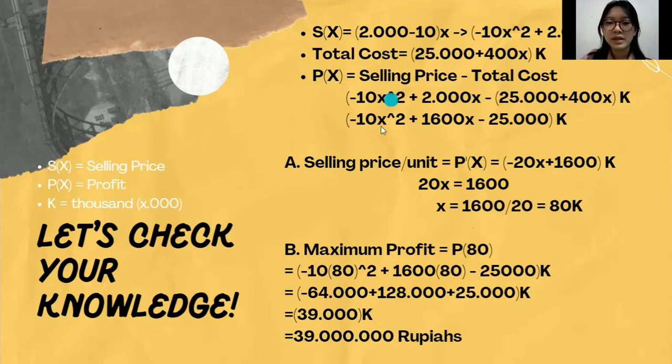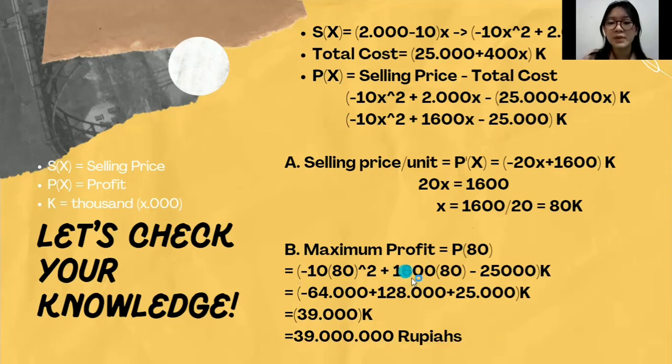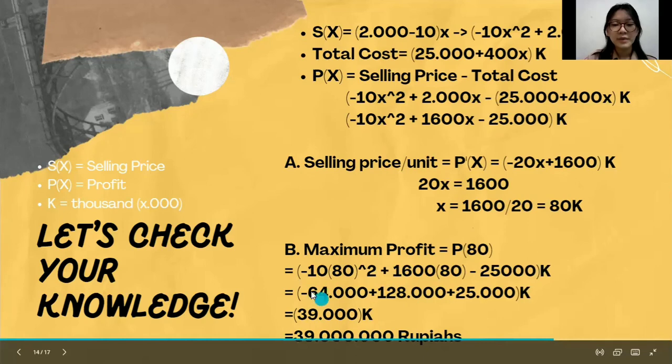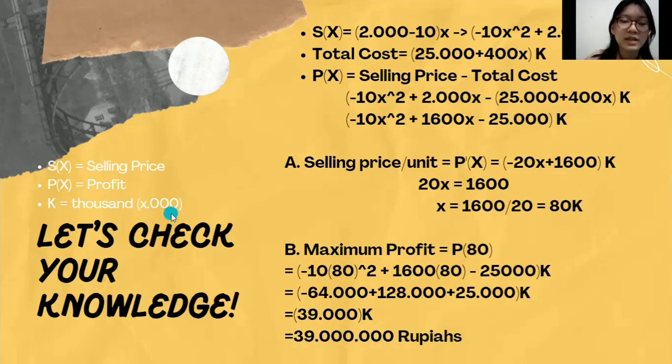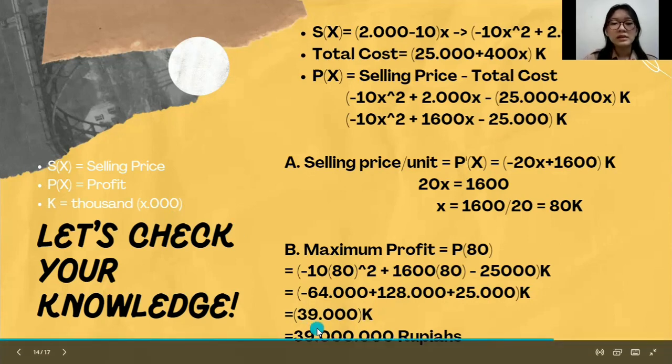So substituting the x to 80, we're going to have this function, which is minus 10 times 80 squared plus 1,600 times 80 minus 25,000k, which is minus 64,000 plus 128,000 minus 25,000k, and if we sum all of this, it will be 39,000k, and k is times 1,000, so we're going to times this with 1,000 and we get 39 million rupiah.